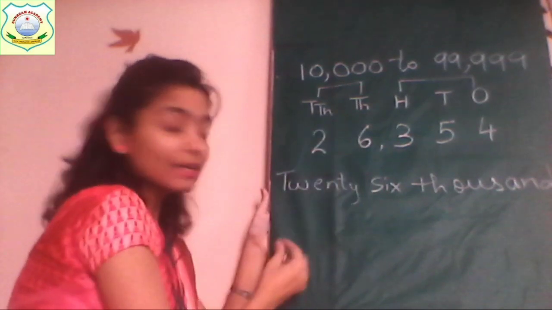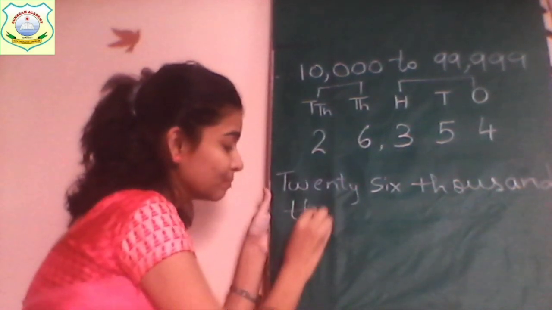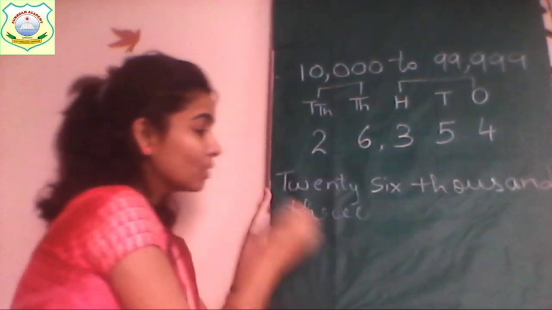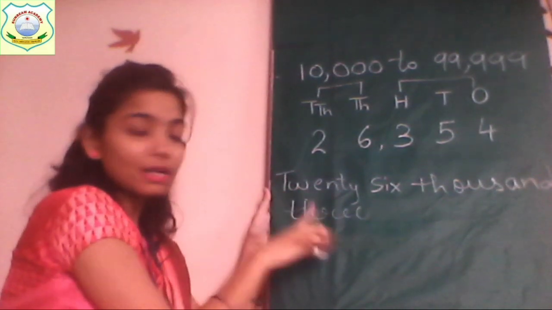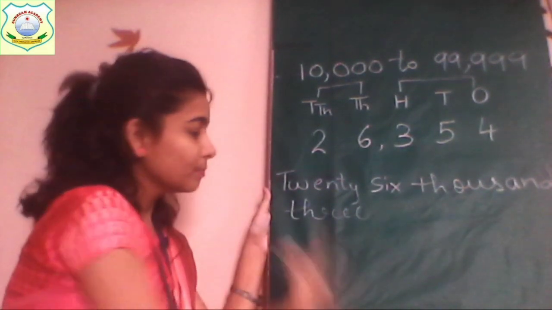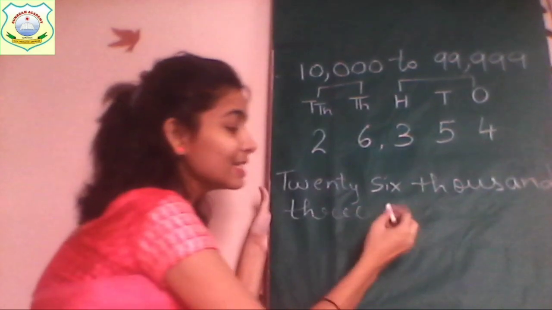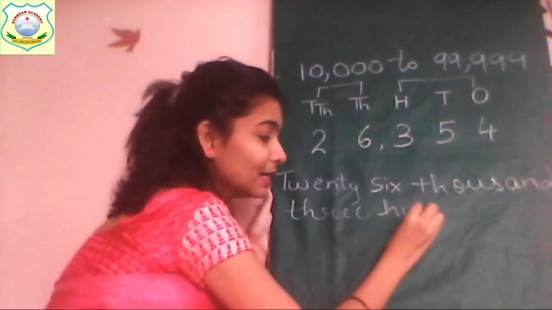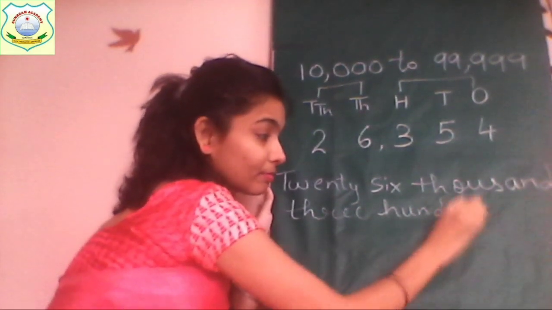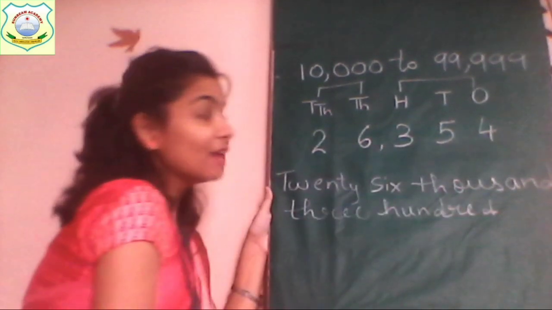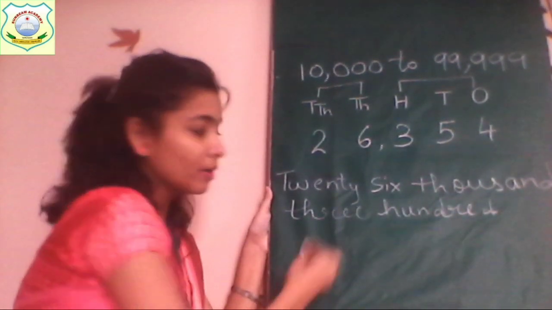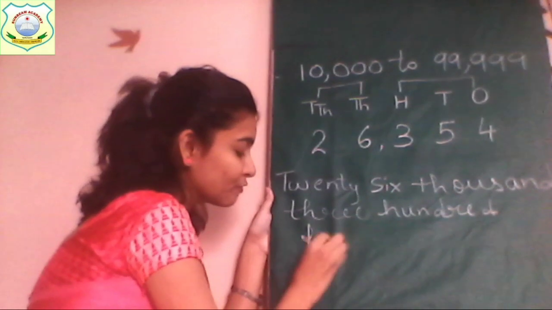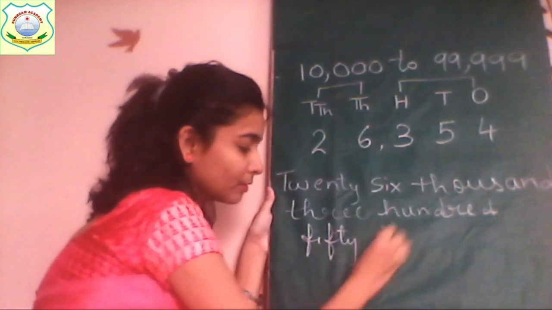And 3 is at 100 place, so 3. Remember that only the first letter will be capital, others will be small. 3 is at 100 place, so we will write 100. Then we have 54. What we have to write next? 54.